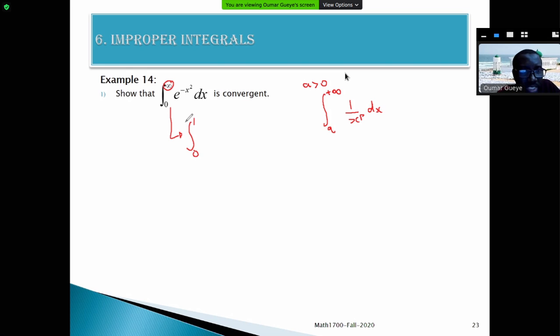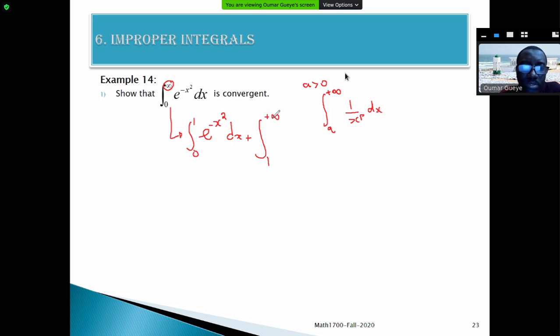And you have to do this anytime you realize you have 0. But if you don't have 0, you don't need to split it. So you can use from 0 to 1 or from 0 to 100 or from 0 to whatever you want as soon as it is positive. It's going to be the integral of e to the power minus x squared, plus the integral from 1 to positive infinity.